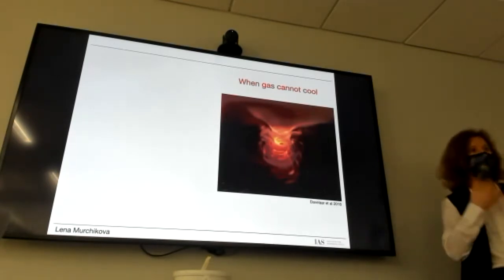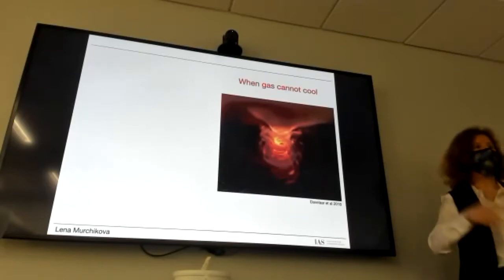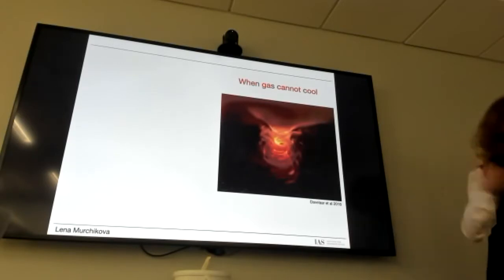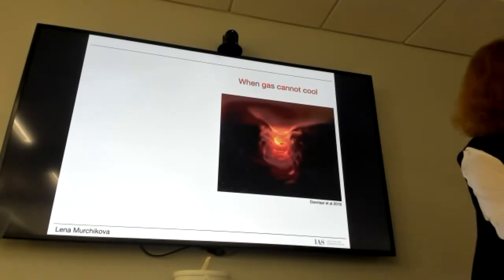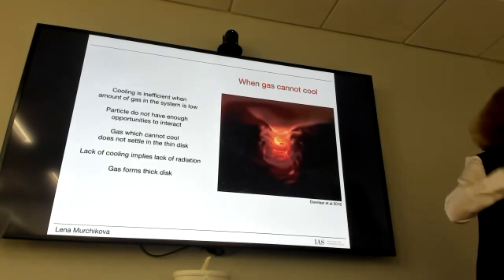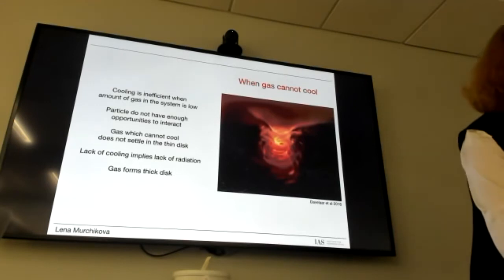Because of that, they don't have enough time to equilibrate and radiate, and this excess temperature is not radiated away and the disk stays thick. Something like the picture you have here. Yeah, this is just a summary of what I just said.